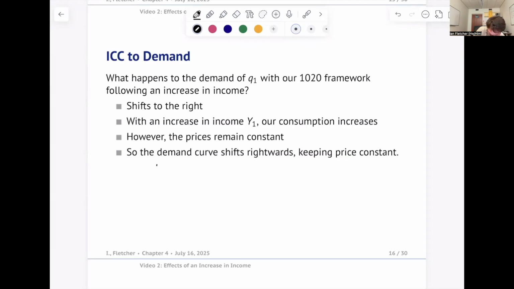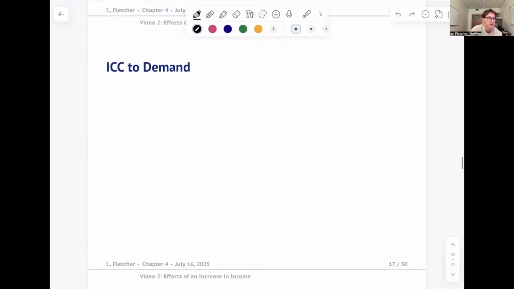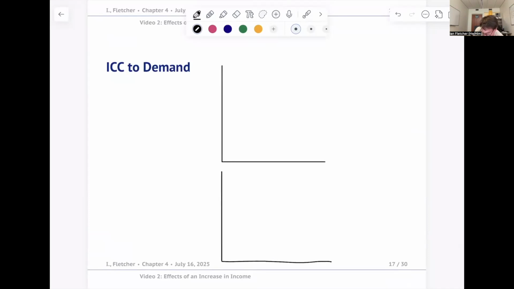So if we wanted to see this, do I have space down here? Oh, I do have space down here. We are going to be able to draw first. Let's draw two plots. Okay, and then in here, let's just call this Q1, Q2. We're going to draw our budget increases.